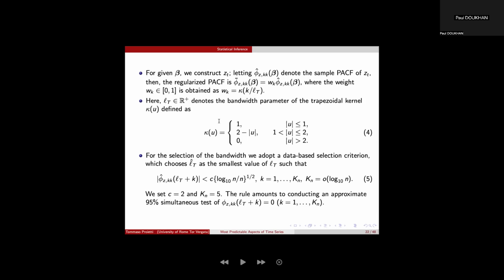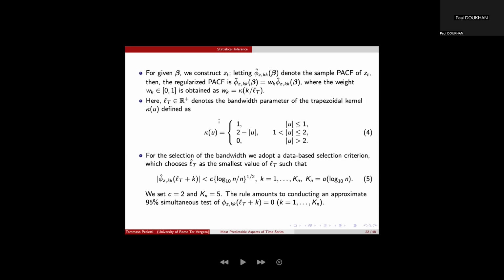And of course, I need to decide this parameter. So the bandwidth parameter is chosen at a value so that, in a previous paper, we applied a rule like this. This is like a joint test on a number of partial autocorrelations from LT to LT plus capital K, say.